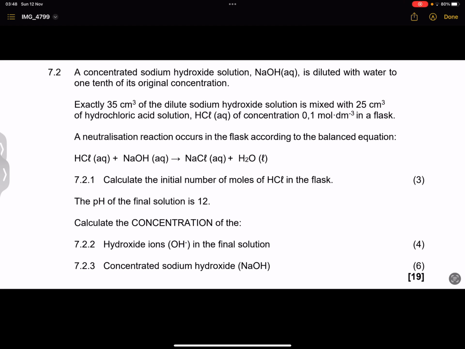Right, they say to us we've got a neutralization reaction that occurs in the flask according to the balanced reaction. Of course, some of the acid will neutralize with the base, right? But they say to us, calculate the initial number of moles of hydrochloric acid in the flask.